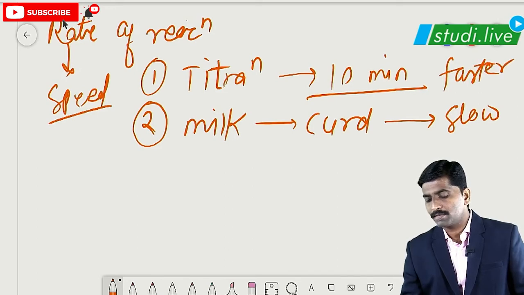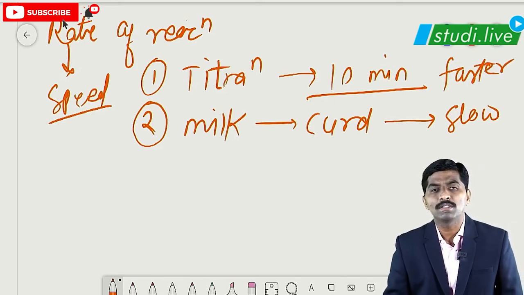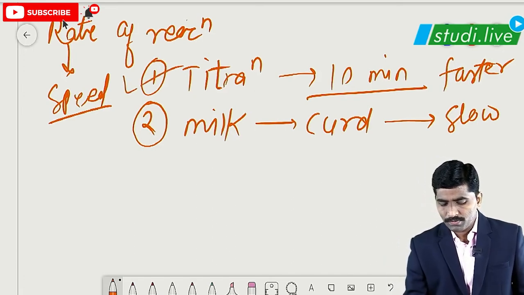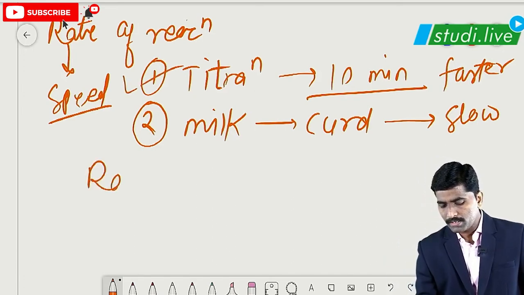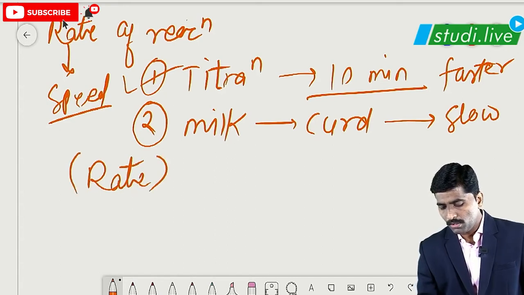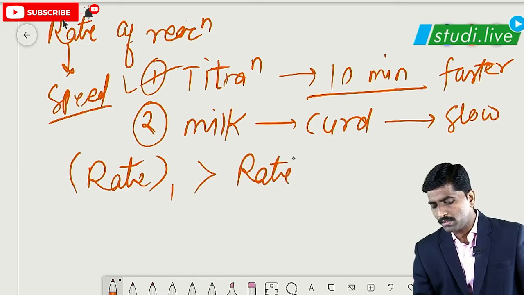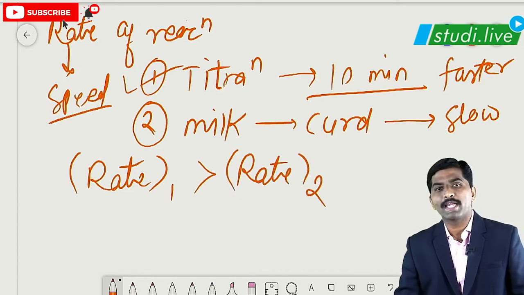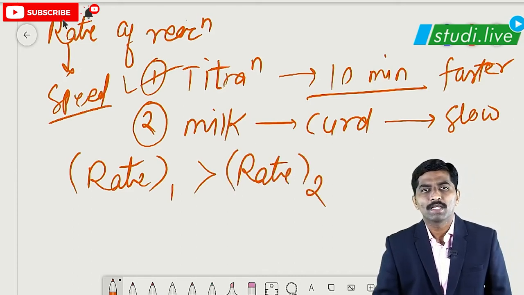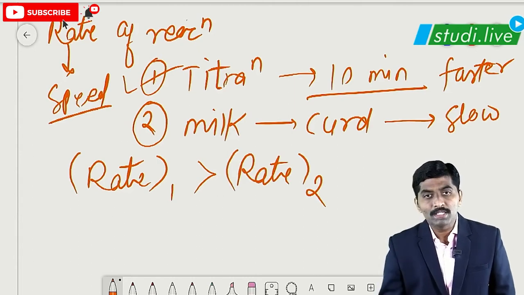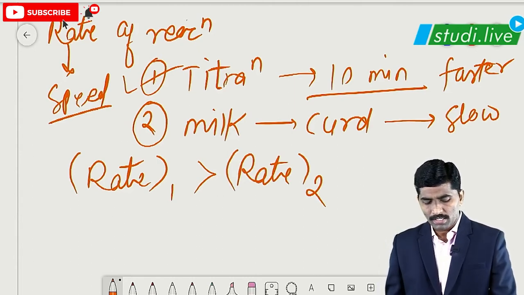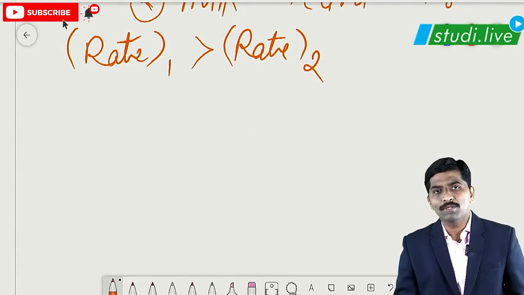Correct? If this is a faster reaction, what we can compare is that rate of first reaction, what I will write, is rate of first reaction is greater than rate of second reaction, isn't it? And with this, we can define the rate of reaction in two different ways.